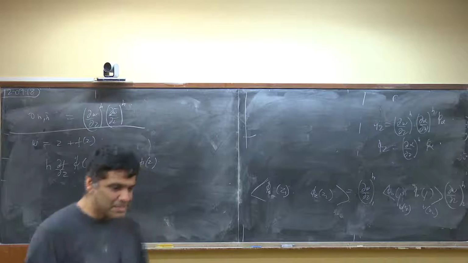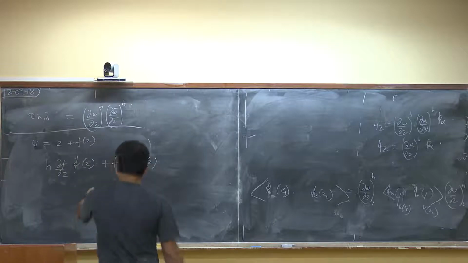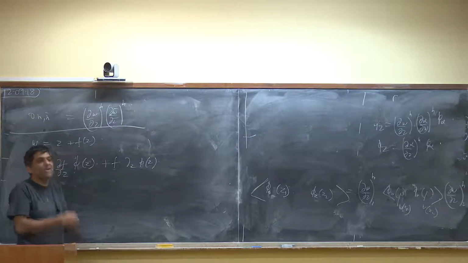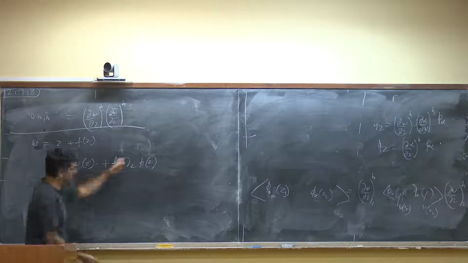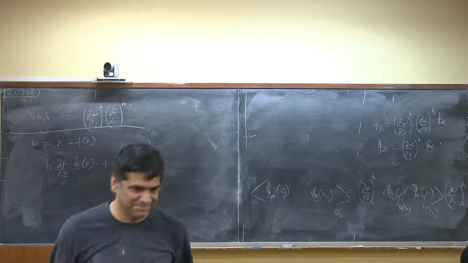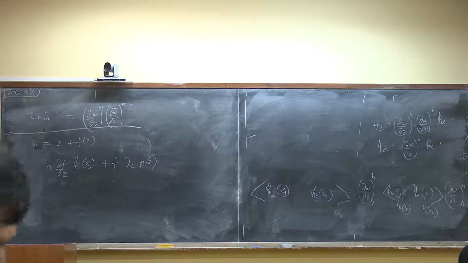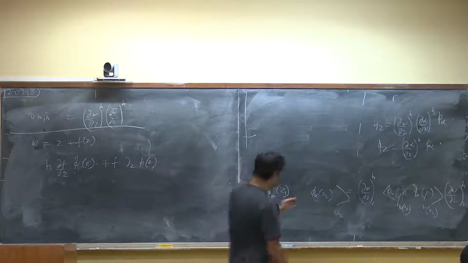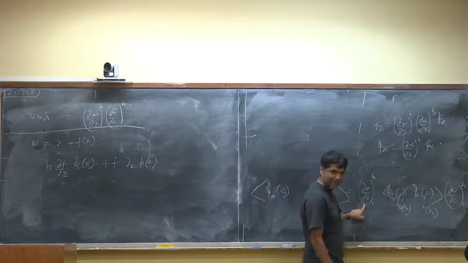Okay? So this statement is equivalent to the statement that under a conformal transformation, the change in the operator phi is this. Because I have the original insertion plus this. Notice it's very important that I take into account both this term as well as this term.